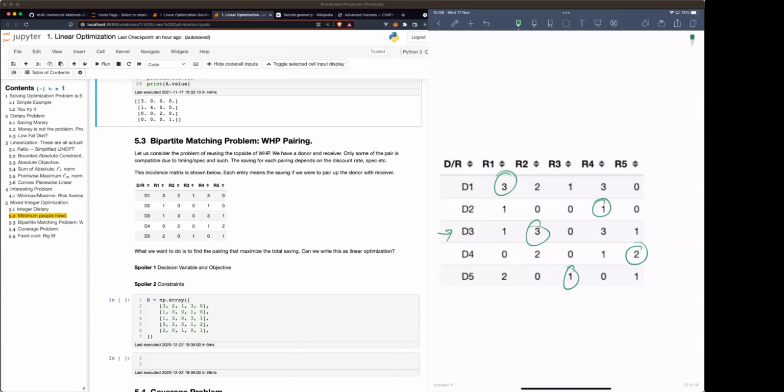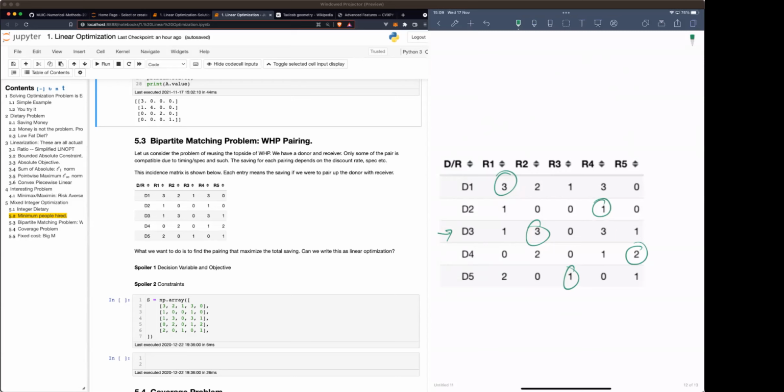Imagine this matrix to be really, really big. Anyone? How do you define the variable such that we can read right away who I donate to? How do you do it? Anyone?